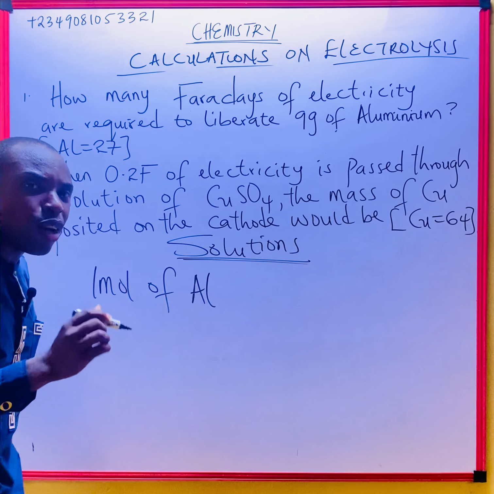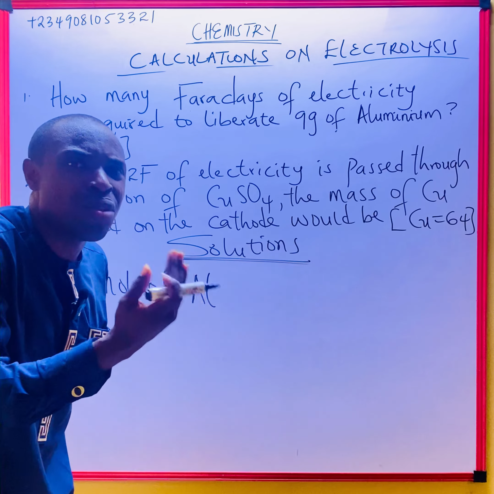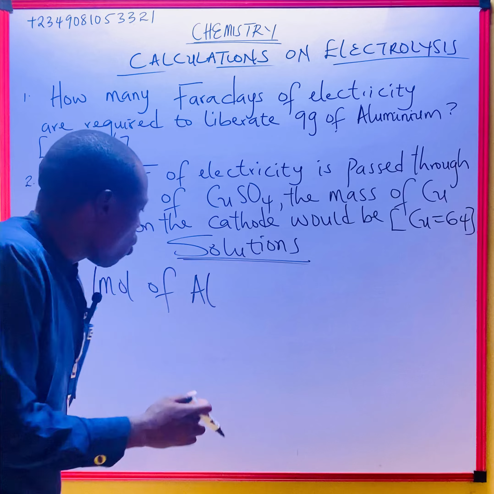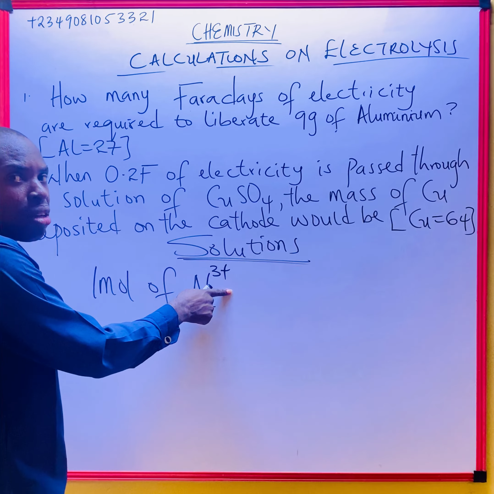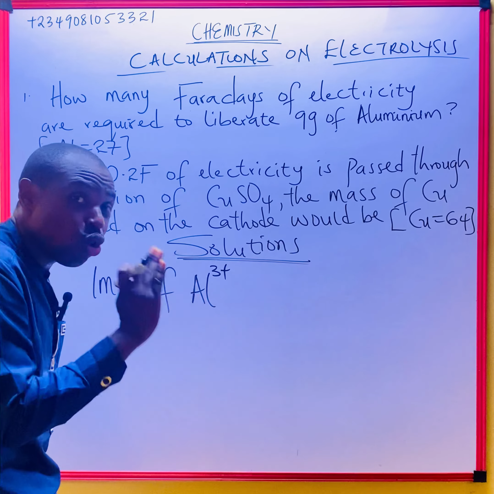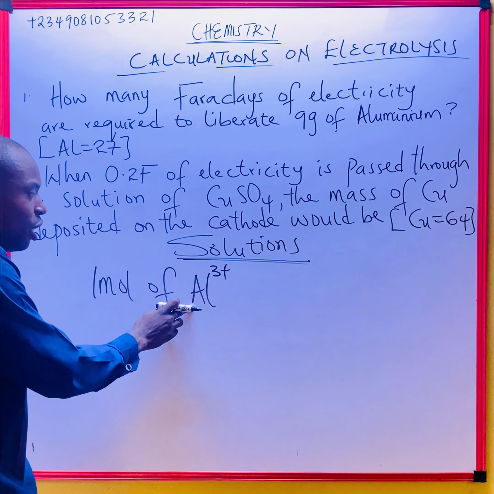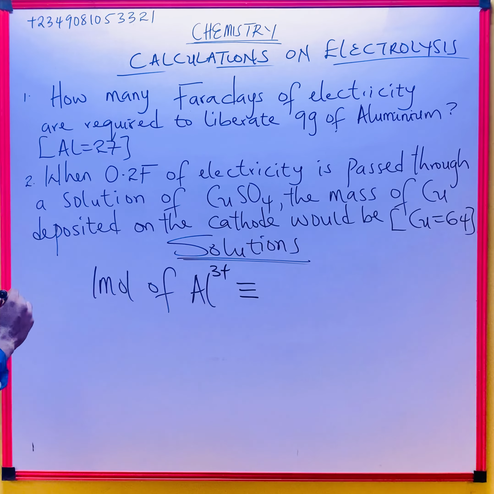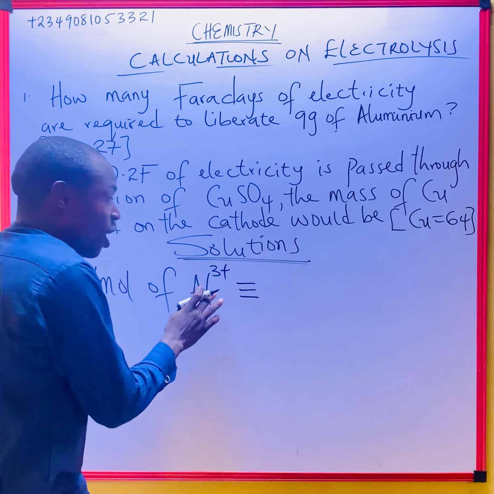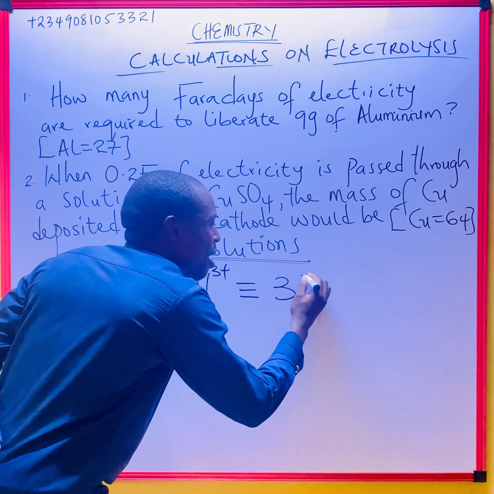Remember, you should know these valencies of elements. Aluminium has a charge of +3. 1 mole of aluminium ion is equivalent to, I'm working in farad, so it's equivalent to 3 farad.